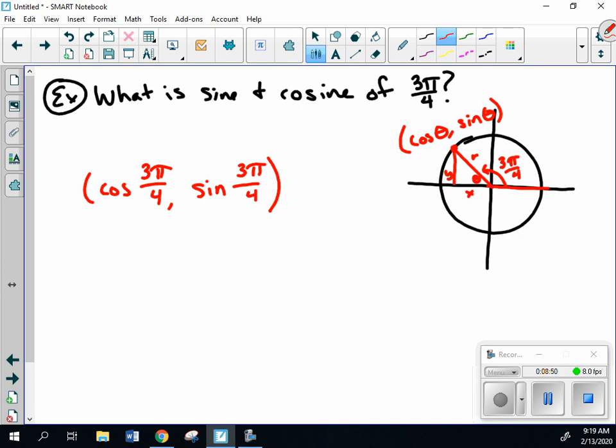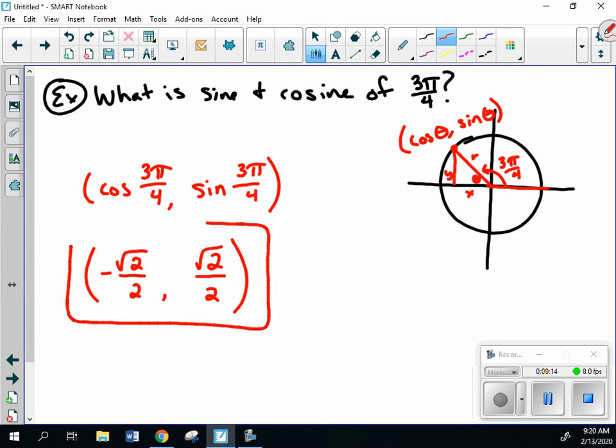Cosine of 3 pi over 4 is going to result in square root 2 over 2. Notice on my unit circle that x is on the left. Therefore, this is going to be a negative square root 2 over 2. My sine value happens to be the same thing, but it's positive. So it's a positive square root 2 over 2.